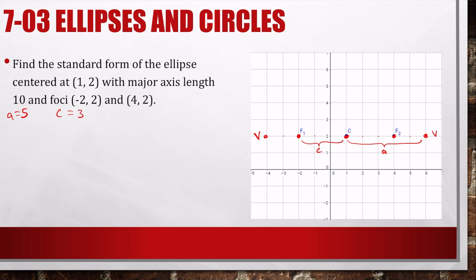And so we could find b by c squared equals a squared minus b squared. So it looks like b is going to be 4.